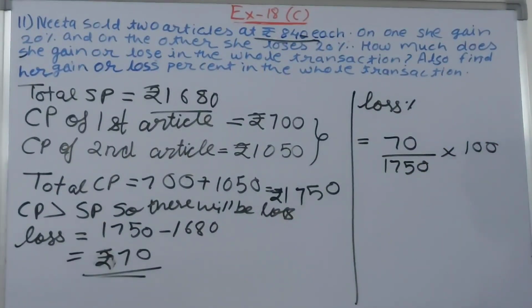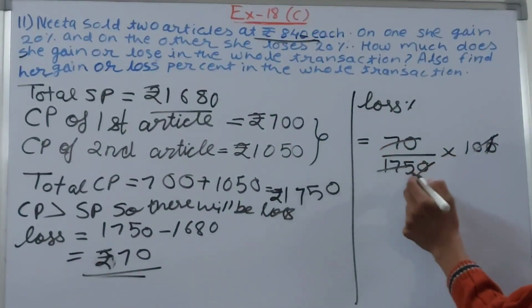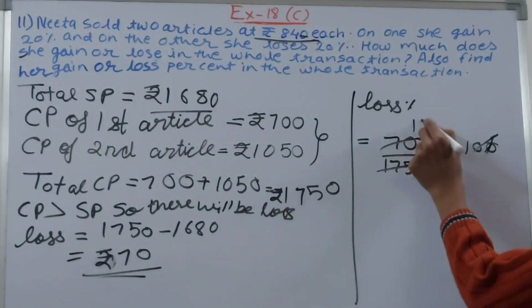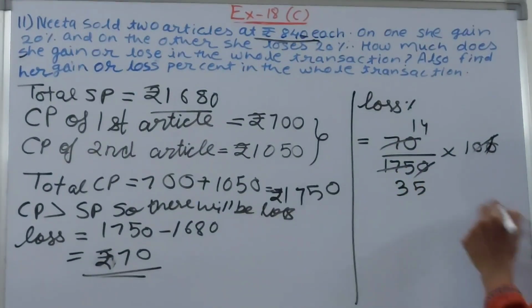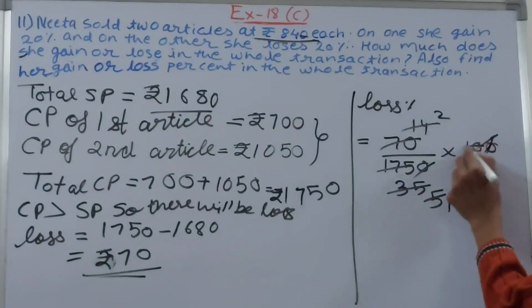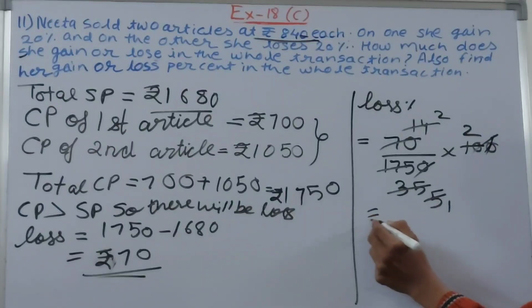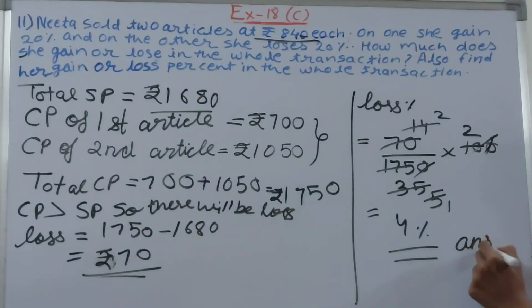Cancel this 1 0, then 70 and 175 cancel them again, 14, 25 and 35, then by 7, so 2 into 2, 4%. So the loss percent is 4%, and this becomes our answer.